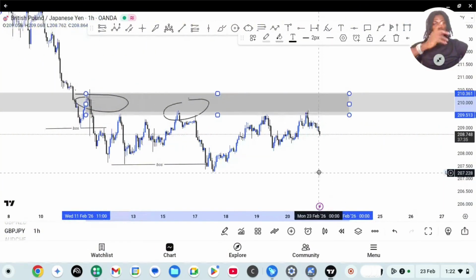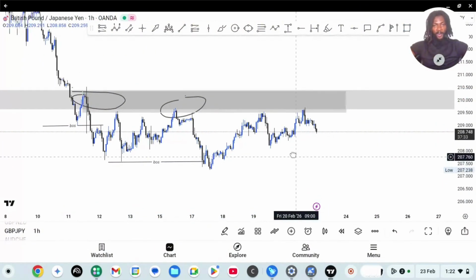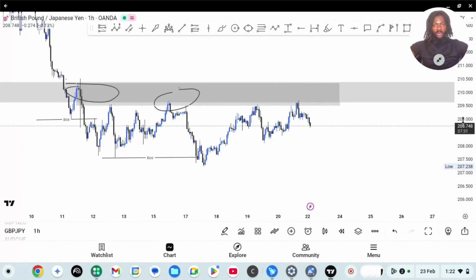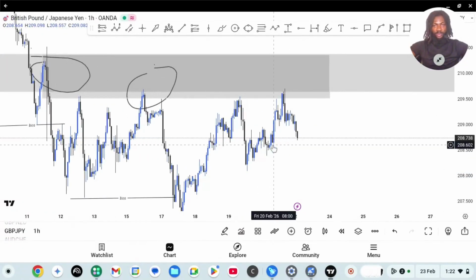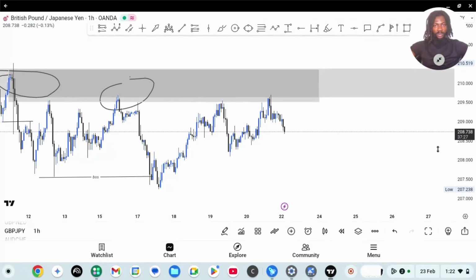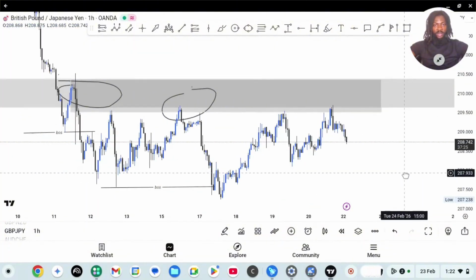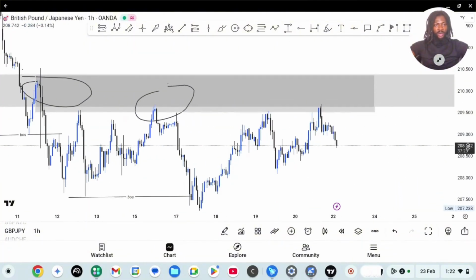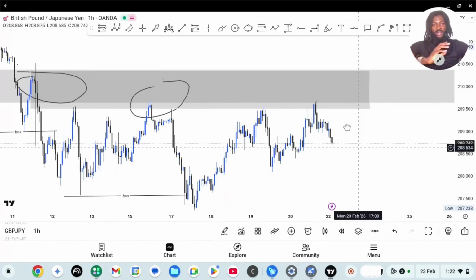All right, now how do we enter this trade? Okay, let me zoom it. As you can see, there are a few ways we can enter this trade.